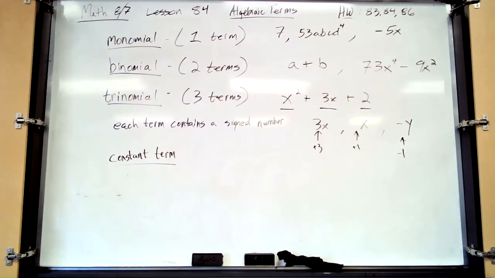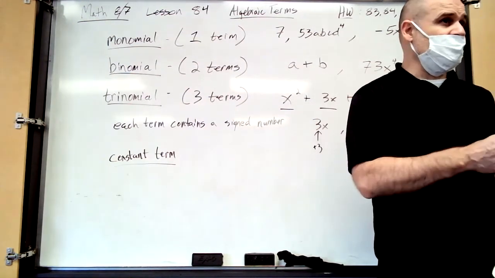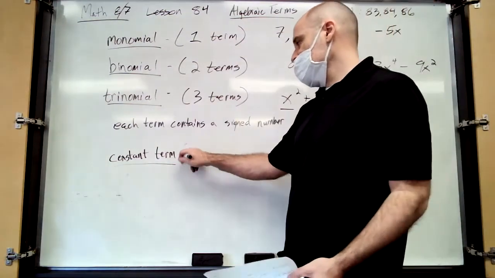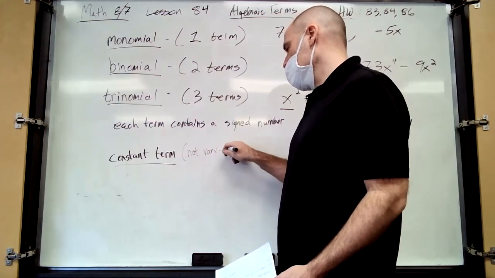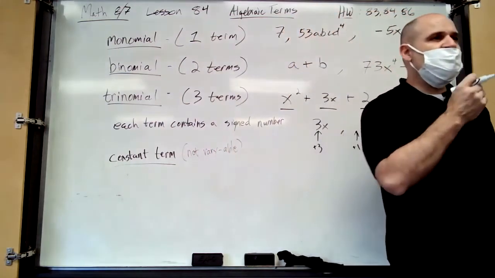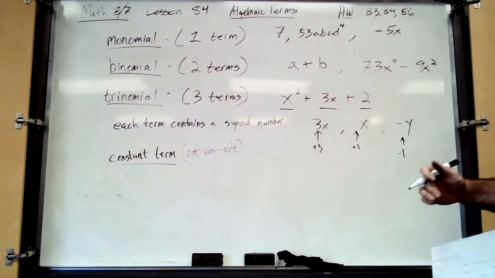Depending on what you pick for x, it can change. So 3x could equal 6. It could equal 9. It could equal 12. It could equal 15, depending on what you pick for x, right? But a constant term will never change. So that means there's no variables in it. Okay? So not variable. I spelled it wrong on purpose so you can see that it's not able to vary. So there's no variable terms.